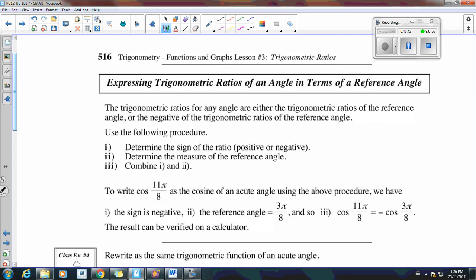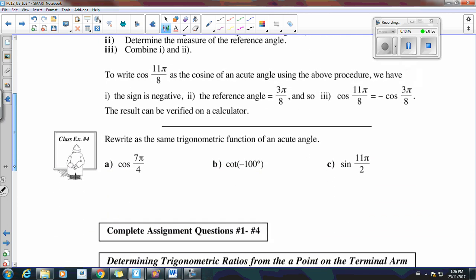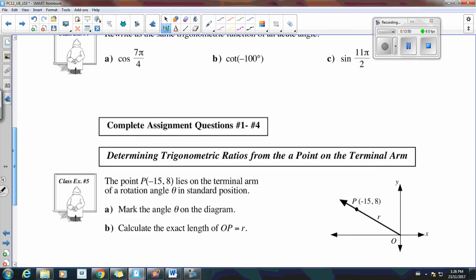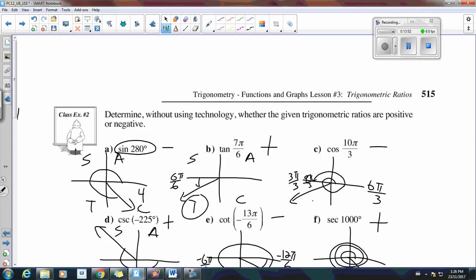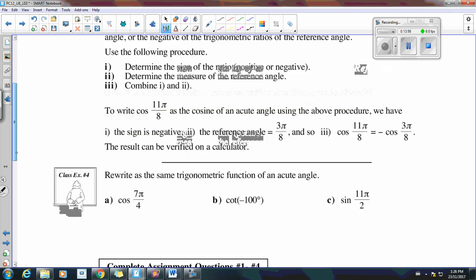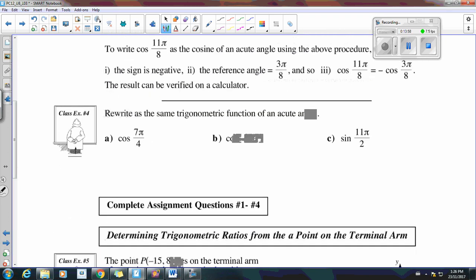This is the most important when we're asked to do things as exact values and not just plugging things into the calculator. So example 4. Rewrite as the same trigonometric function of an acute angle. So cos of 7 pi over 4. Okay, well, if I'm finding 7 pi over 4, we know that this is 4 pi over 4.